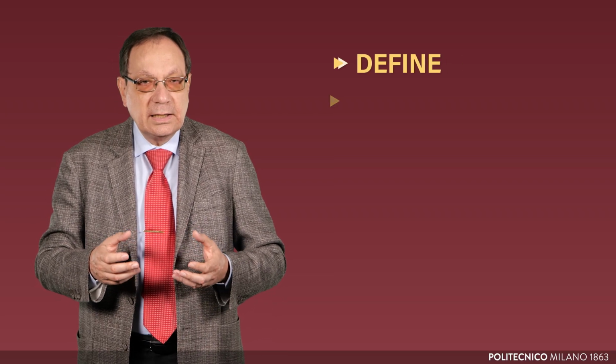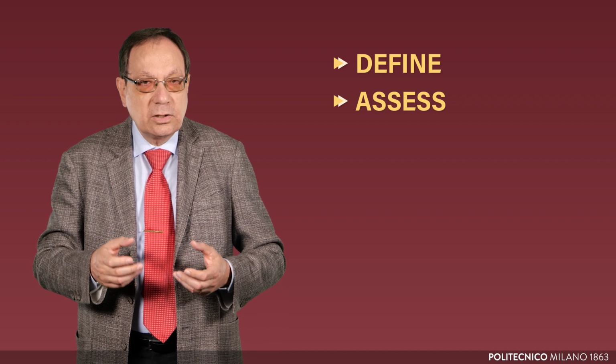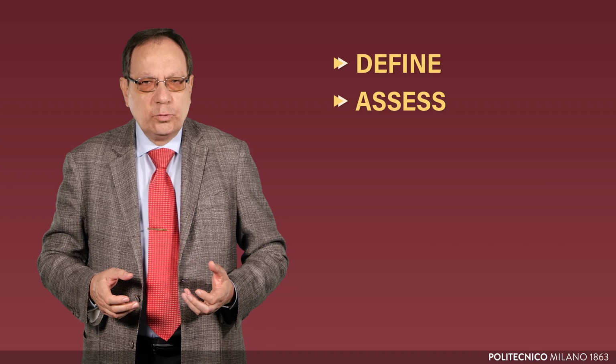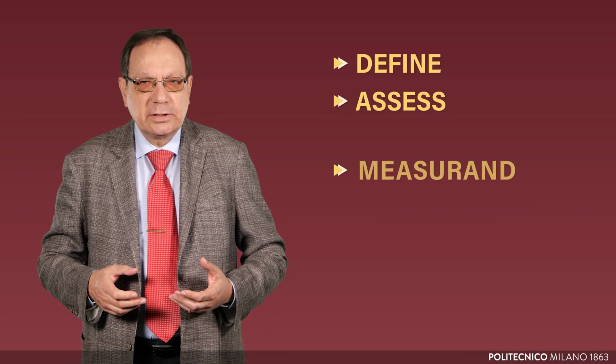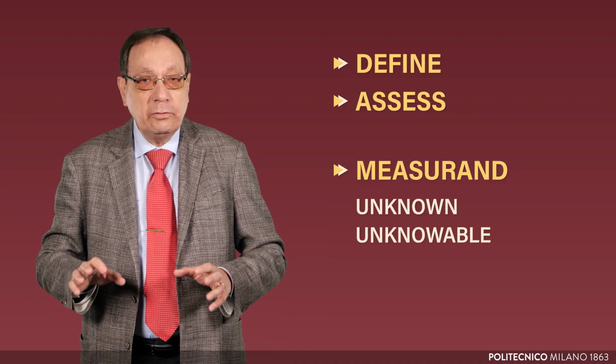We have clarified what requirements must be met. At this point, we can ask ourselves how we can define and assess uncertainty in order to obtain this coverage interval. The main difficulty is clear. We have to manage this without knowing the true value of the measurand, which, as we have already seen, is unknown and unknowable.